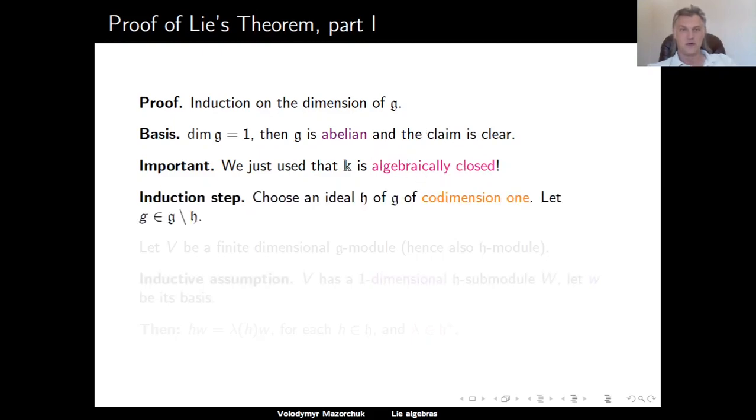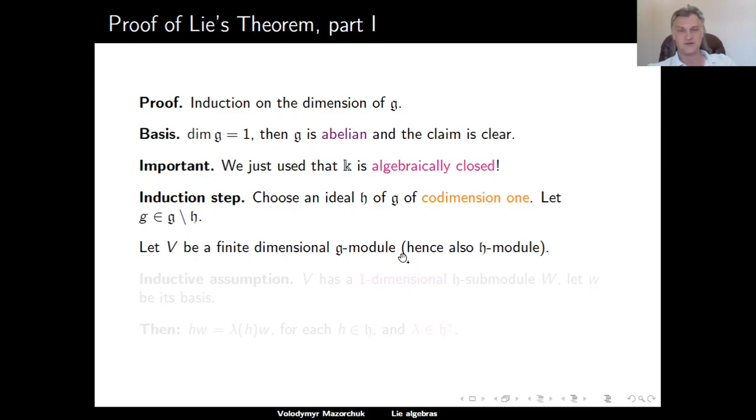Okay, so now we need to prove the induction step. Because of our previous characterization of solvable Lie algebras, G has a codimension 1 ideal, which we denote by H. And we denote by little g some element of the Lie algebra G which lies outside H. So the Lie algebra G is generated by the element little g and the codimension 1 ideal H. Let V be a finite dimensional G module.